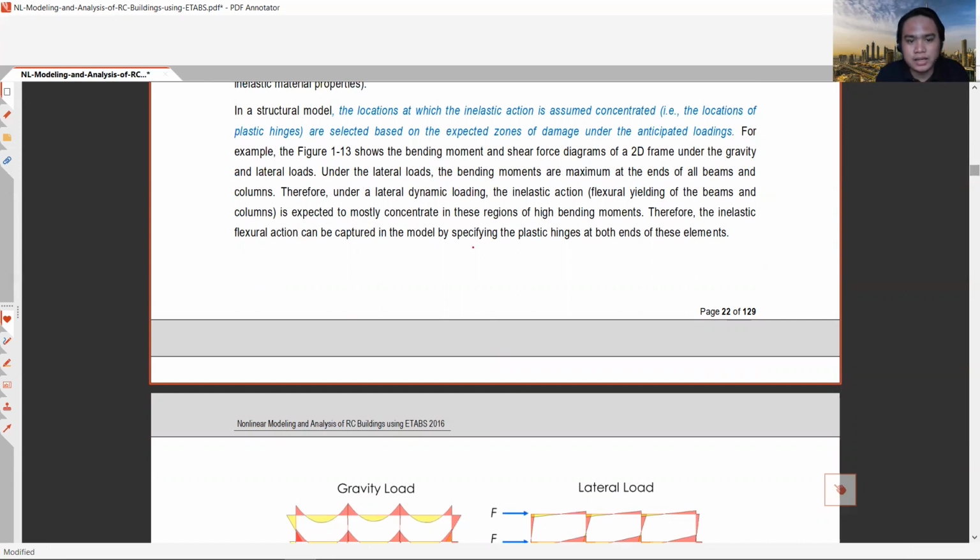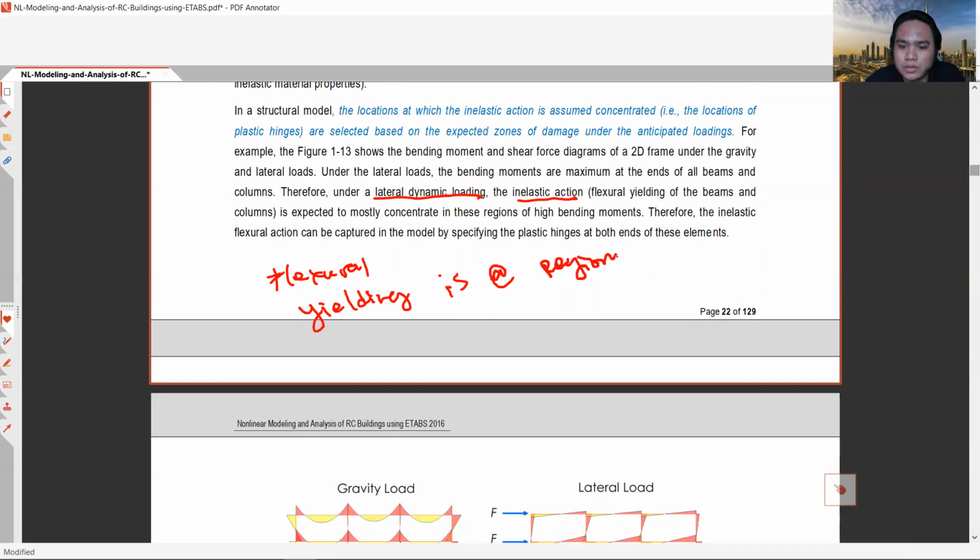So therefore, under daw sa lateral dynamic loading, the inelastic action or the flexural yielding of beams or in columns is at regions of high bending. So, okay, doon daw siya nakalagay. So the flexural yielding is at regions of high bending.